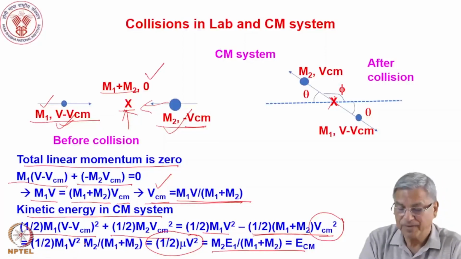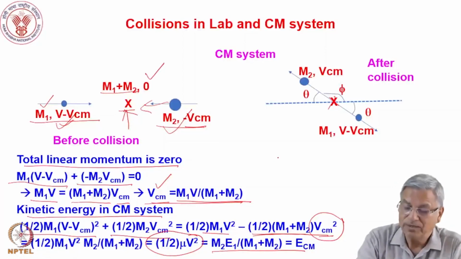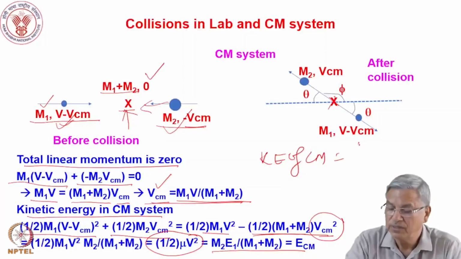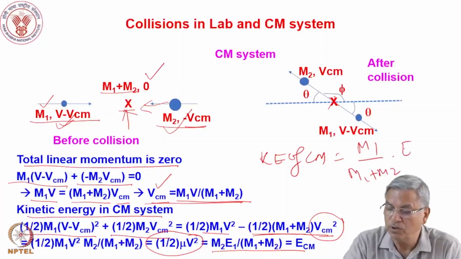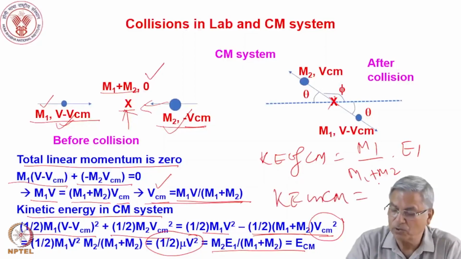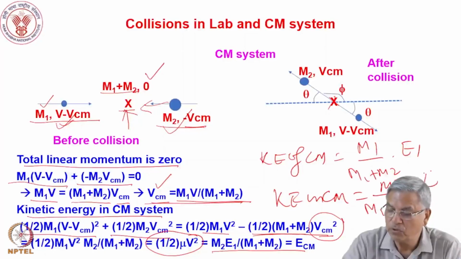So here, if you recall, the kinetic energy of center of mass, as discussed in the previous one, was m1 upon m1 plus m2 into E1, and kinetic energy in center of mass system equals m2 upon m1 plus m2 into E1.